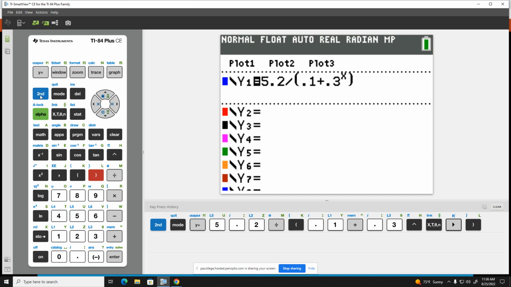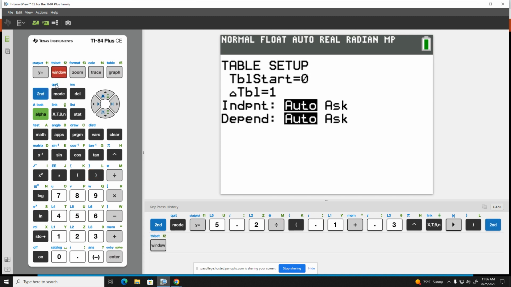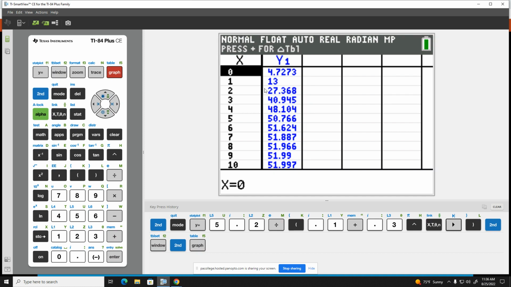Now, I need to label my graph, and I don't know how, so I'm going to set up my window. Start at 0, go up by 1. That seems like it would show me the first 6 years. And so I'm going to go to my table, second, and the graph button. My table shows me that circulation in the first 6 years goes up to 51.624 thousand.